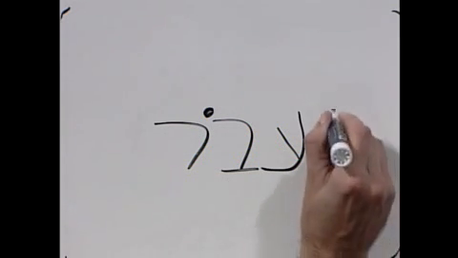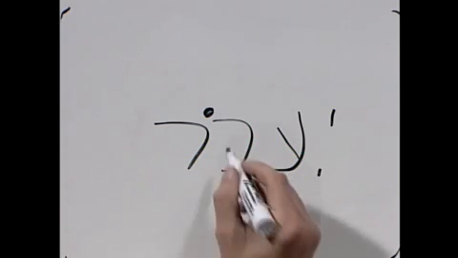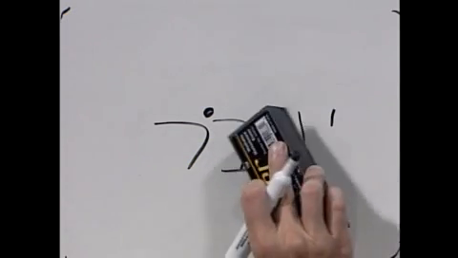But again, the first thing we want to do is make it like a strong verb. For a strong verb, you would expect something like this, with the hireq here, yiqtol, that's what you would expect. And if you had a silent schwa here, obviously there'd be a dagesh lene here. But we might as well go ahead and get rid of this because it's not going to stand for long.